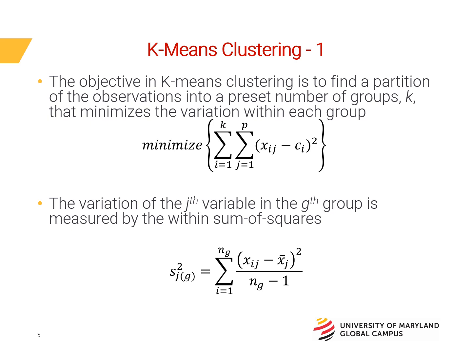Okay, let's start with a widely used clustering type called K-means clustering. It is a simple iterative approach and is a type of partitional clustering. The objective in K-means clustering is to find partitions of the observations into a preset number of clusters.